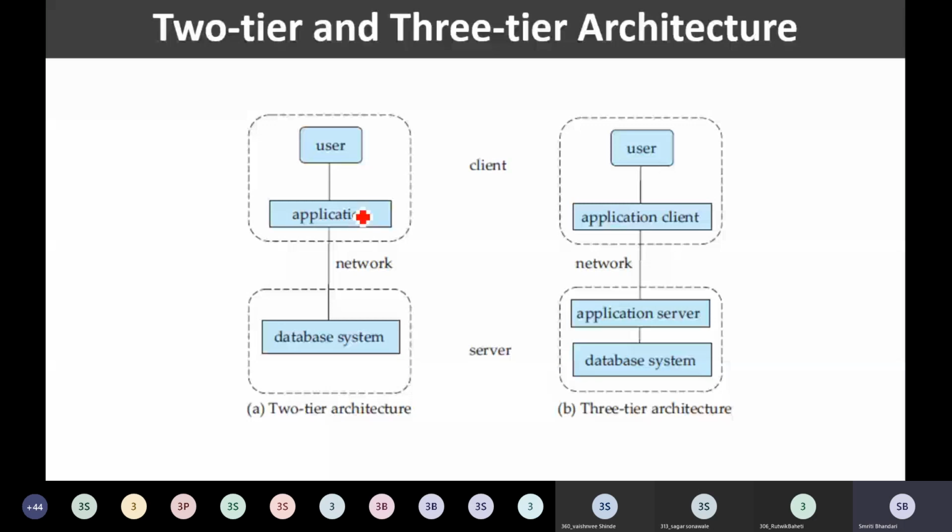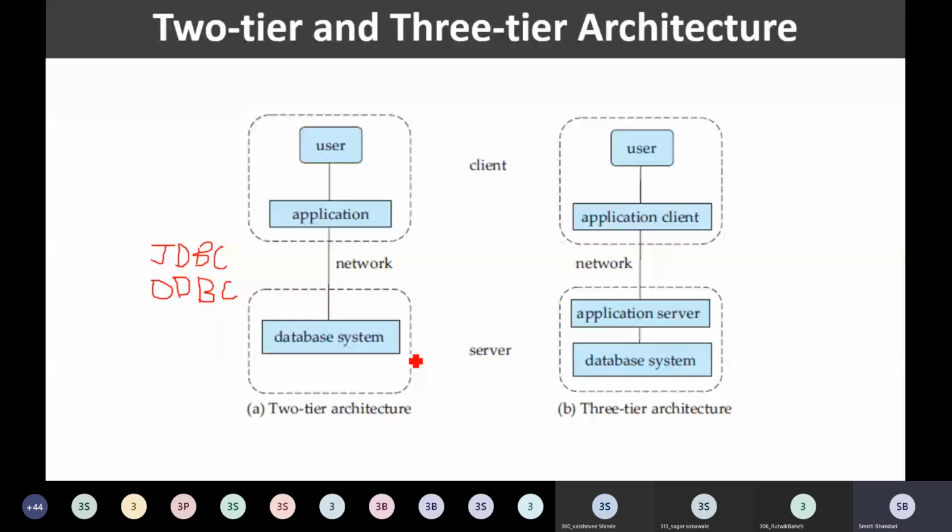And for the application program interface standard, you might be aware of these words: JDBC and ODBC. So these are the interfaces that are being used by these application programs to interact with this database management system.